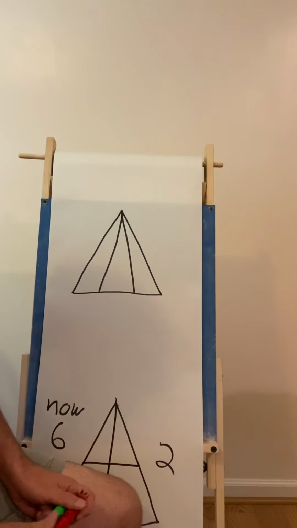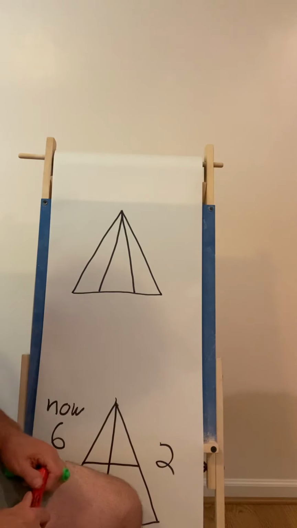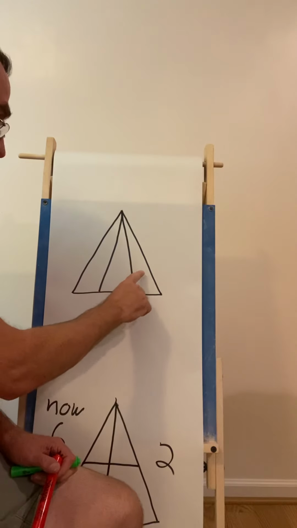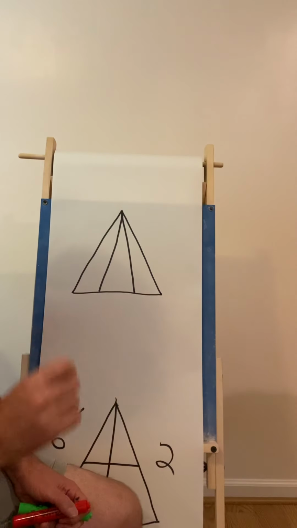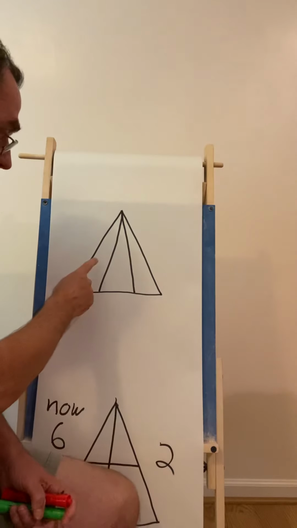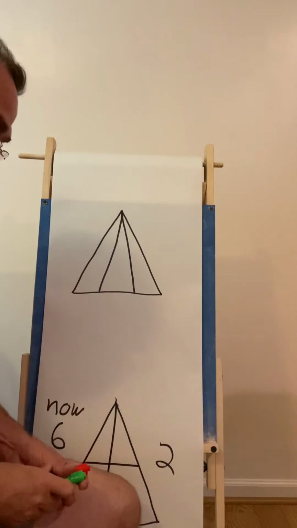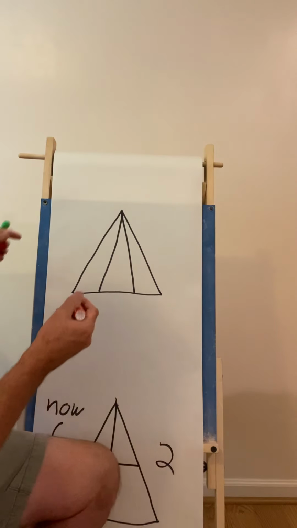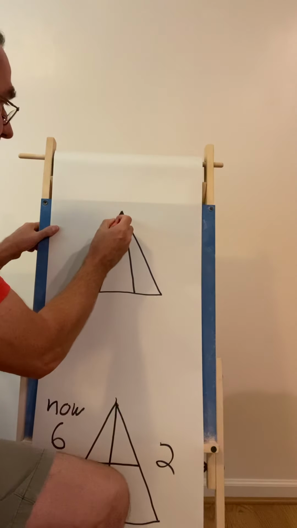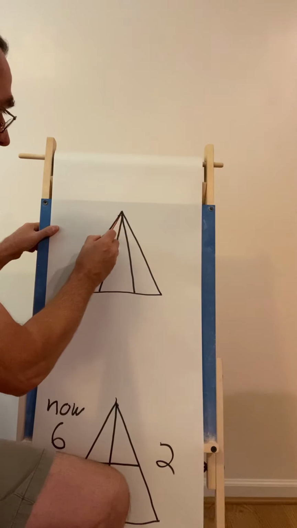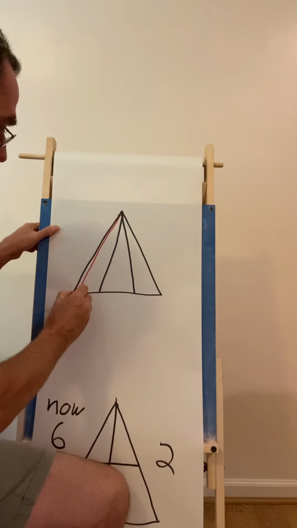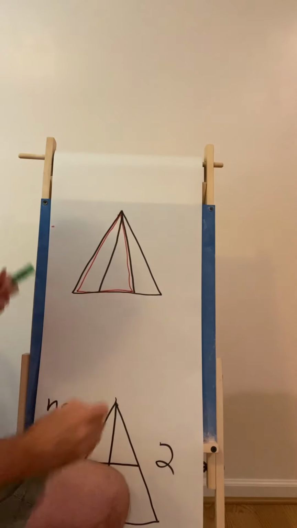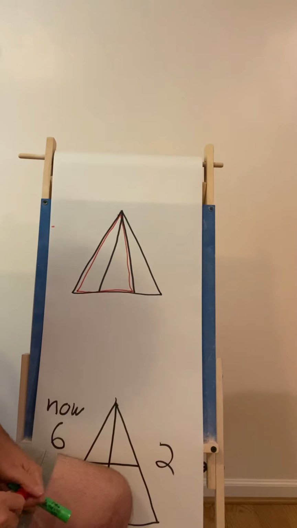Well, there are more than 4, because what you can do, the little triangles, and let's call them the one on the left, the one in the middle, and the one on the right, can be combined to make another triangle. If we take the one on the left and the middle one and put them together, we get a triangle. And I'll try to trace that out in another color. It might be a little easier to see. So there's the one on the left, I'm drawing on the inside, the middle one, and that they put together make a triangle.